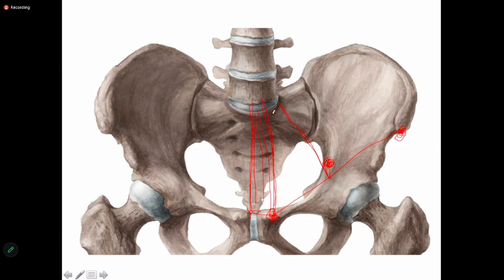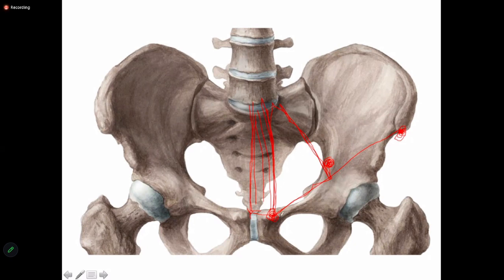So the lateral border of the rectus abdominis, the inguinal ligament, and the inferior epigastric artery form what triangle? Hesselbach's triangle. So that's where you get your direct hernias.